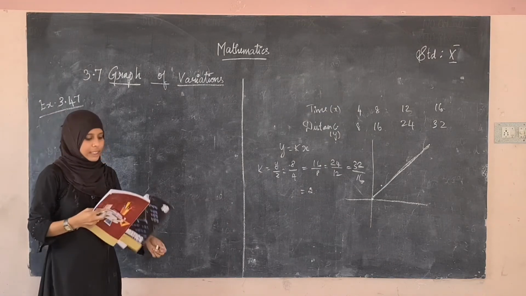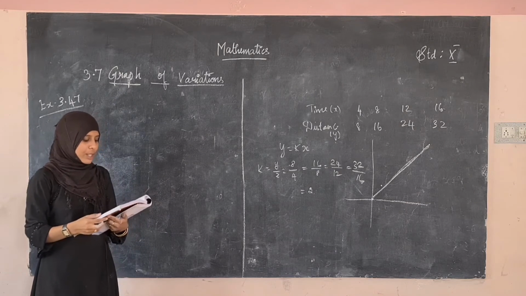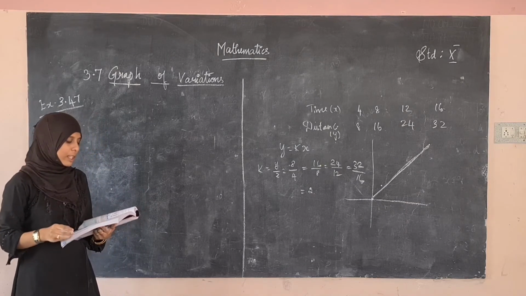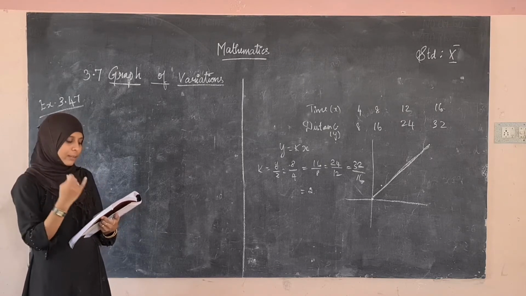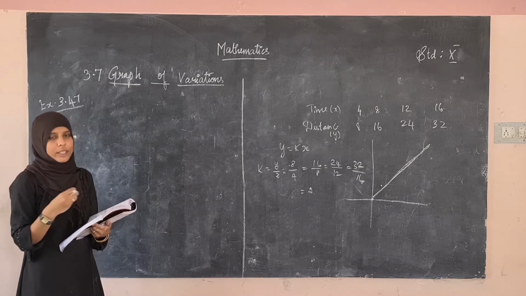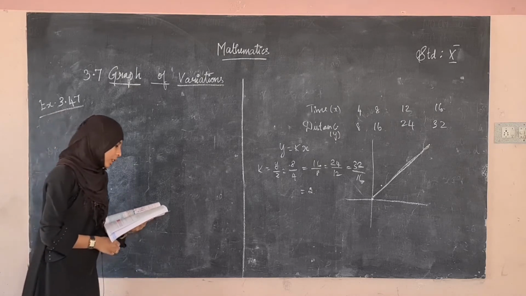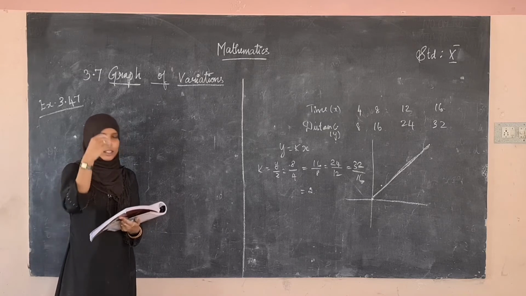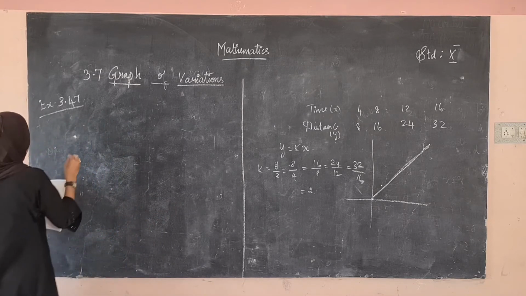Varshika drew 6 circles with different sizes. Draw a graph for the relationship between the diameter and circumference. Different sizes means the diameter and the circumference of each circle differ, right? They have given the diameter and circumference of each circle in the given table.